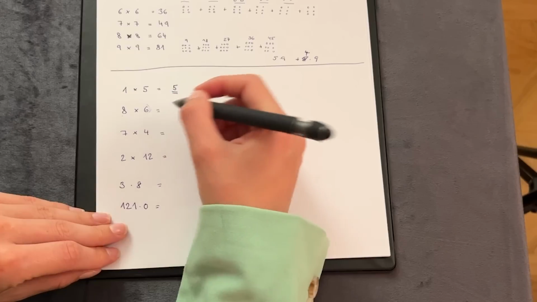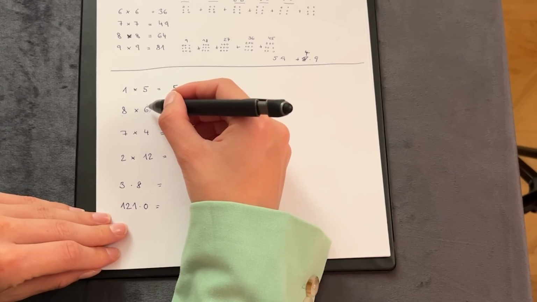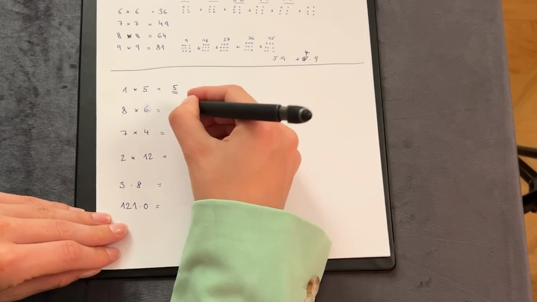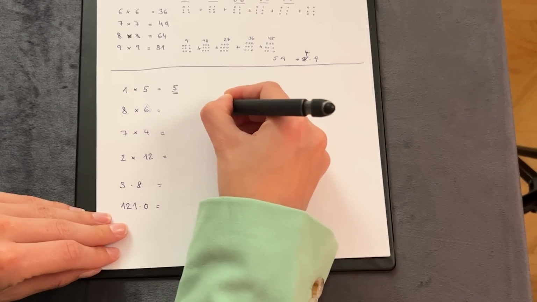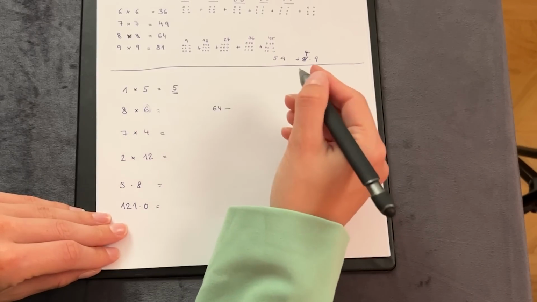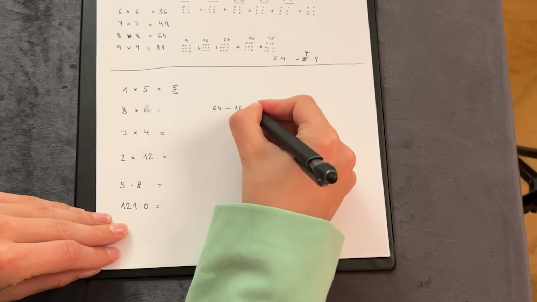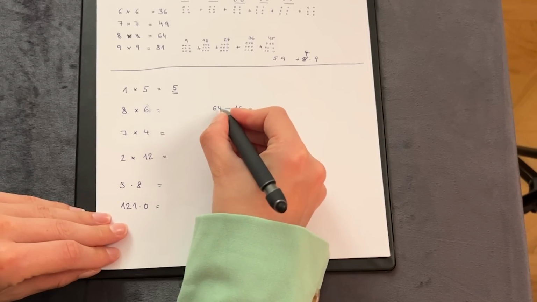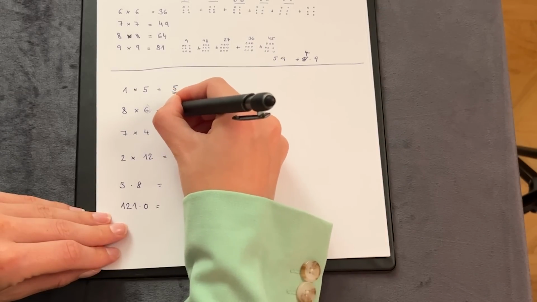So let's say we know that 8 times 8 is 64. So we basically can even do it like this: 64 minus 2 times 8, which is 16, and that is 48.